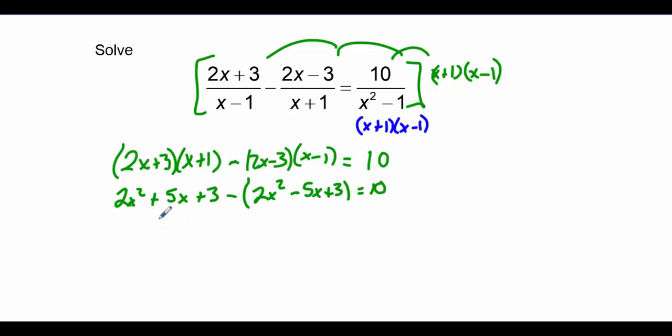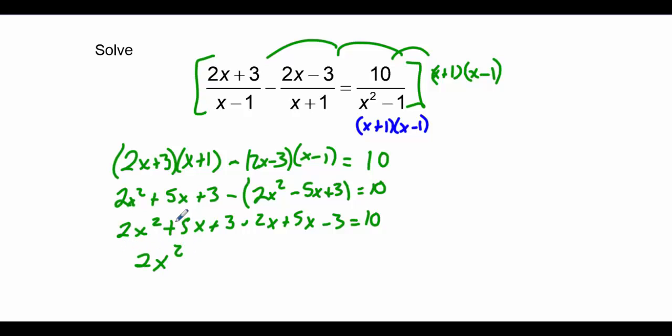I'll distribute the negative through. 2x squared plus 5x plus 3 minus 2x squared plus 5x minus 3 equals 10. And then it appears we still have our 2x squared. I have 5x and 5x, which is 10x, minus the 2x. Let's clean that up. Which is 8x.